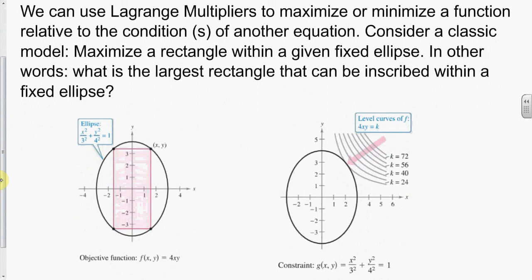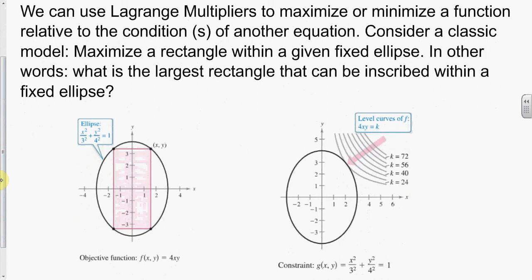Can you find a rectangle that is inscribed within this ellipse? And when you find that rectangle, is that the greatest rectangle? In other words, maximize the rectangle within the ellipse.